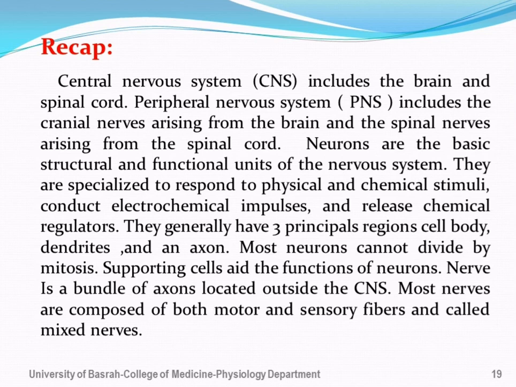They generally have three principal regions: cell bodies, dendrites, and the axon. Neurons in general cannot undergo mitosis. Supporting cells can undergo mitosis within limited values, and they are usually more numerous than the neurons. Most nerves are composed of both motor and sensory fibers, and we call them mixed nerves.